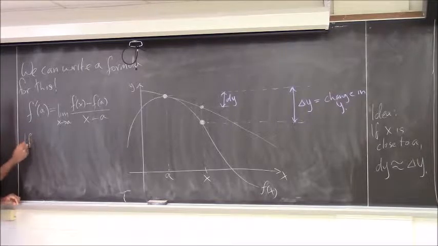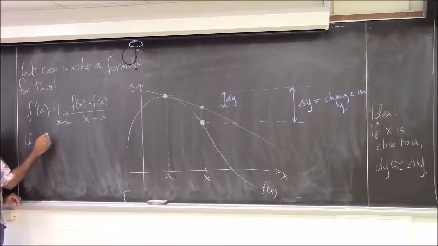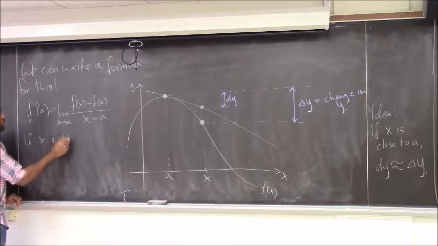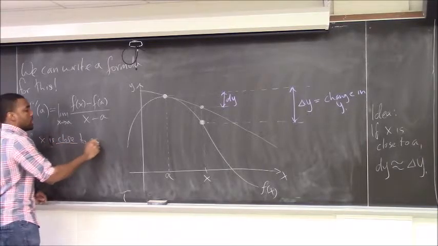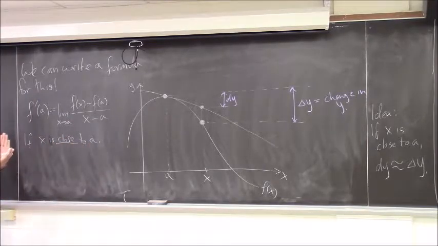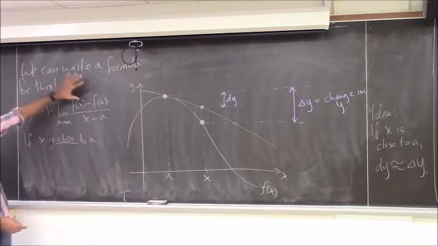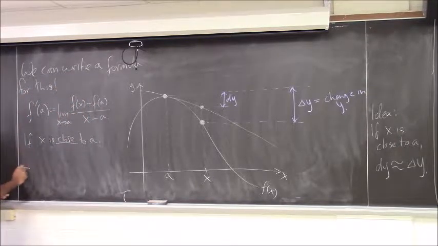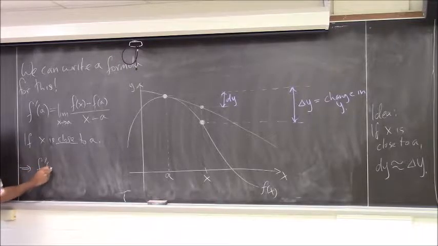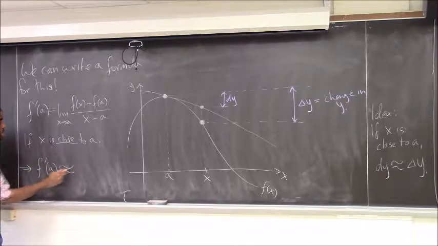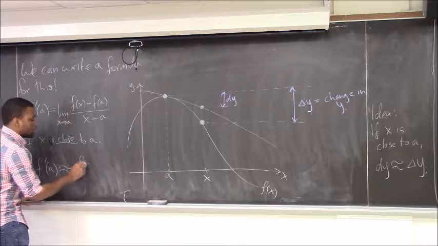And so the idea is if x is close to a, which the limit talks about these two things getting close, it means that this expression approaches that expression. What that would mean is that f prime of a is approximately equal to this guy.